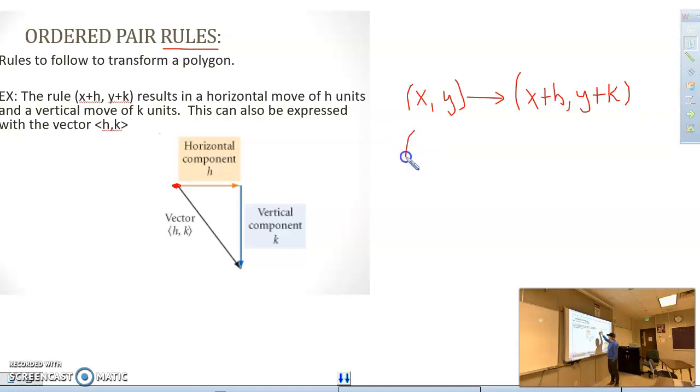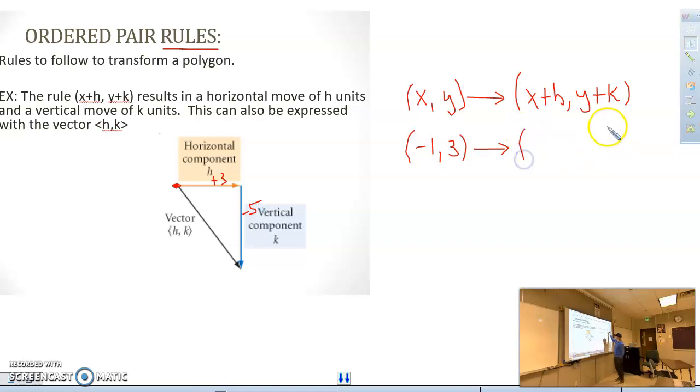Now, for example, if I had, I don't know, -1 and 3, and then I was going to apply a rule. Let's say the rule had going right 3 and then down 5, something like that. So let's say this said x plus 3 and then y minus 5.